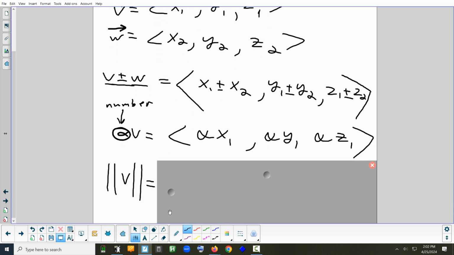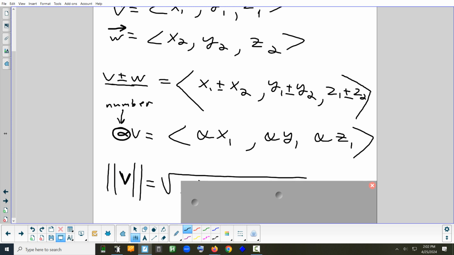Okay. And the next formula we looked at was this one with the double bars around a bold letter. What did the double bars mean? The magnitude. And in 2D, this was the formula for the magnitude. If you look back in your notes from, I think this was the end of class on Monday. So it was the x component squared plus the y component squared. What do you think is under that box to extend this to 3D?